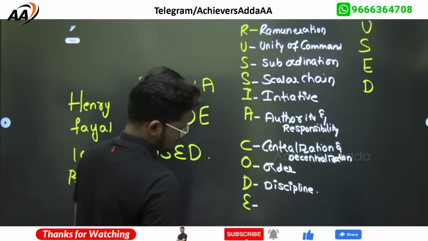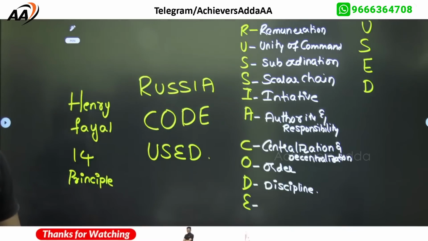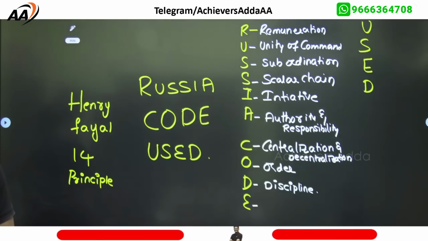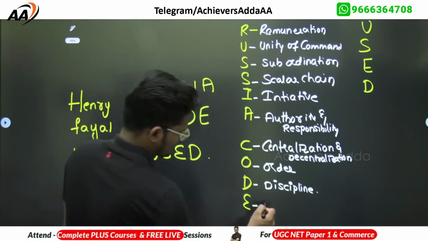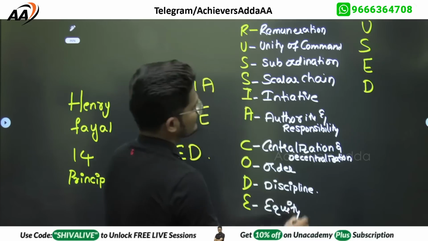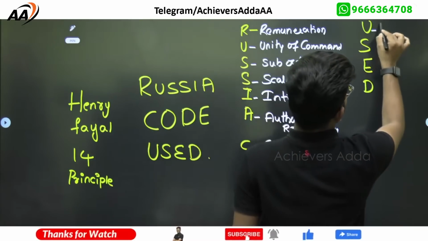Next, E. Another E. Another E. Now, esprit de corps we will make later. Equity, right? Next, U, unity of direction.